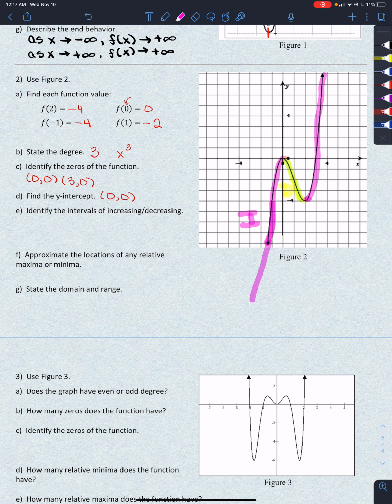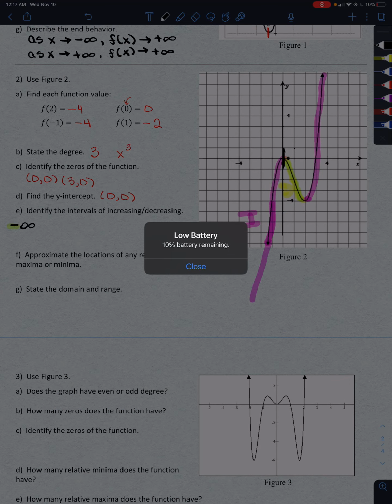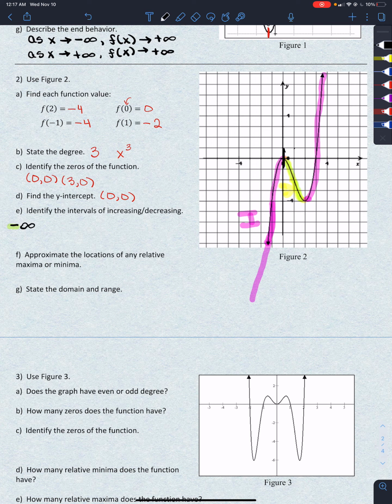And what they'd like to know is, where was the graph increasing and decreasing? Well, it started increasing at negative infinity. And then right here at this turning point, where x equals 0, okay, that is where the graph was increasing.